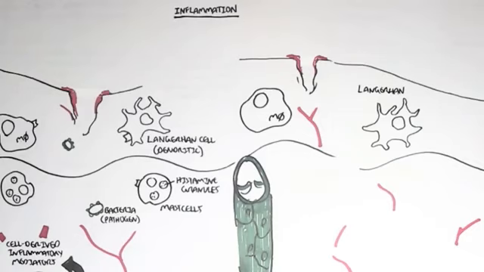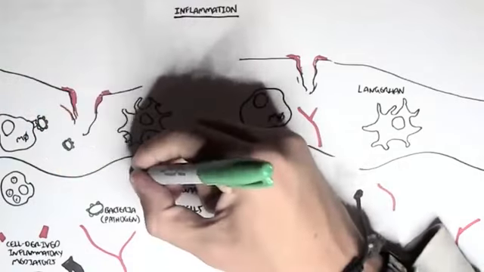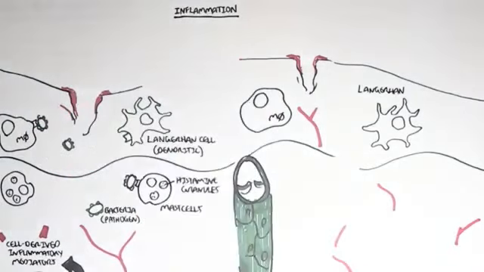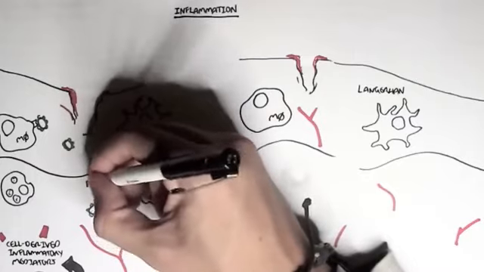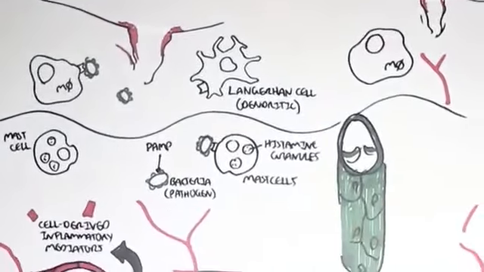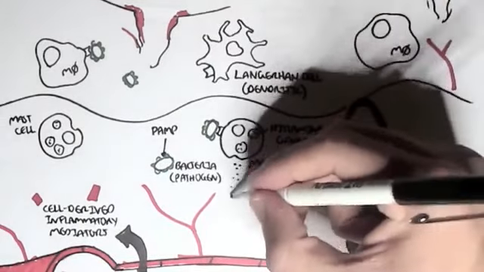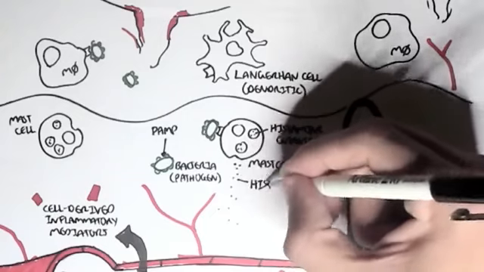So what happens is that this bacteria actually expresses certain proteins, certain molecules on its surface, known as PAMP. PAMP is recognized by the immune cells within the tissue, such as mast cells and macrophages.